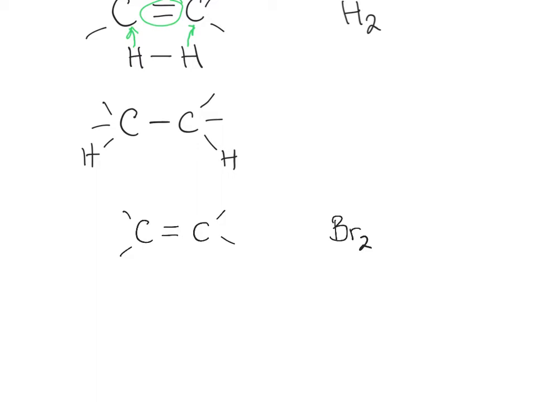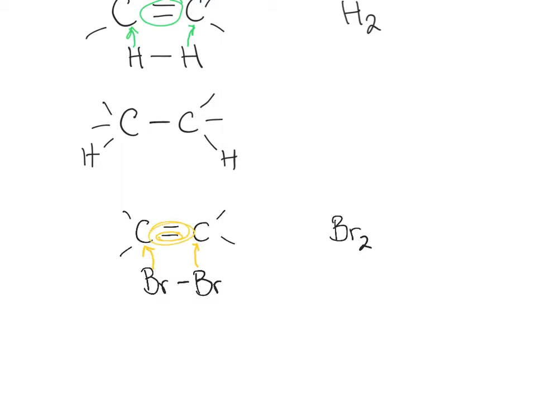Okay, so if we consider the bromine molecule as a bromine atom single bonded to another bromine atom, this time this bromine atom here is going to bond onto this first carbon, this other one is going to bond onto that second carbon, and this double bond here is going to get broken.